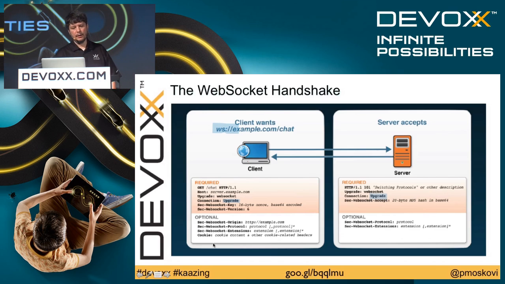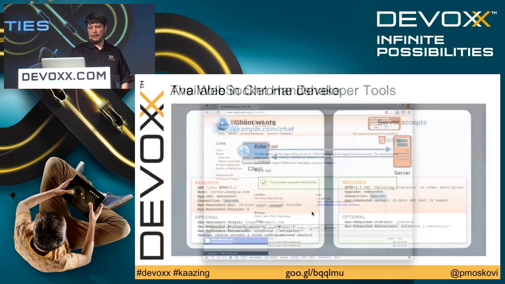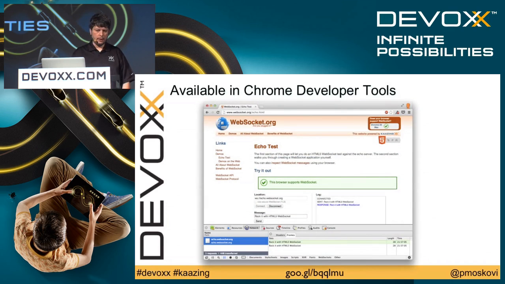The magic under the covers is that the standard defines a special HTTP header called the upgrade header to express the client's desire that we want to speak WebSocket, and then the server would recognize that, and if it speaks WebSocket, it can respond back confirming that a WebSocket connection is going to take place.